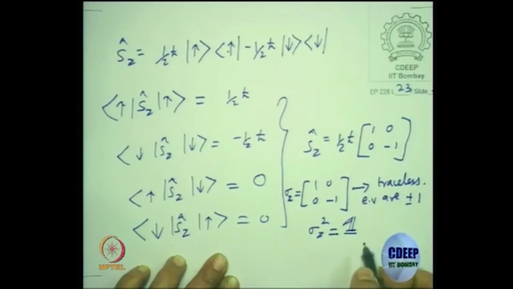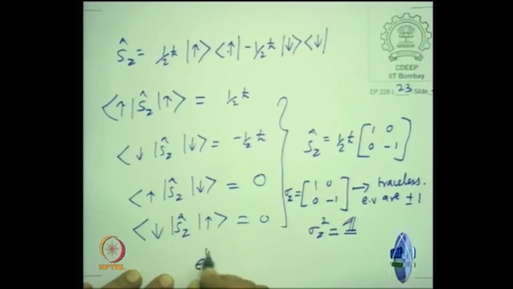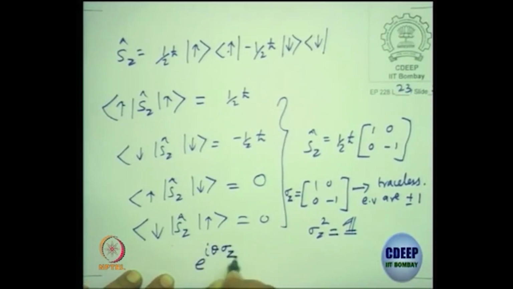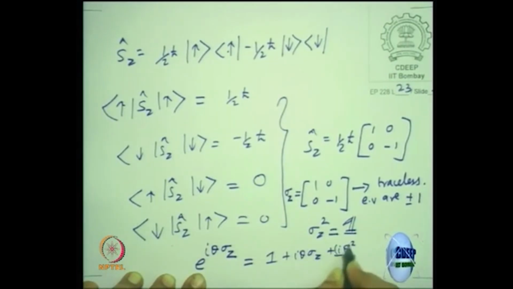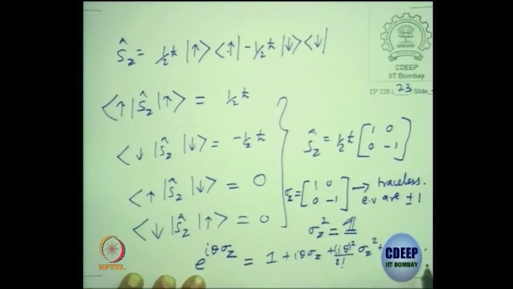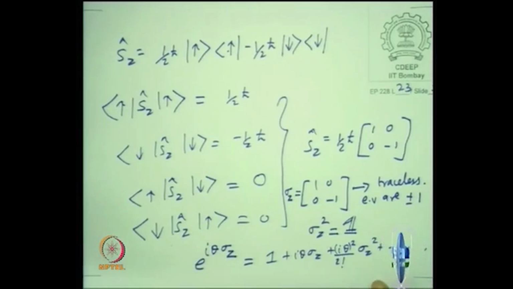Also interestingly, you can do what is e to the i theta sigma z. What will this be? 1 plus i theta sigma z plus (i theta) squared by 2 factorial sigma z squared, and so on. Sigma z squared is identity. You can keep adding things. What will you get? Cos theta.